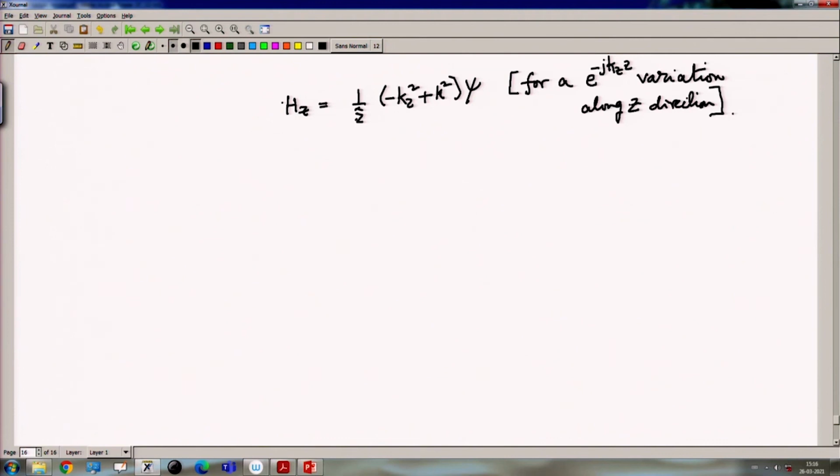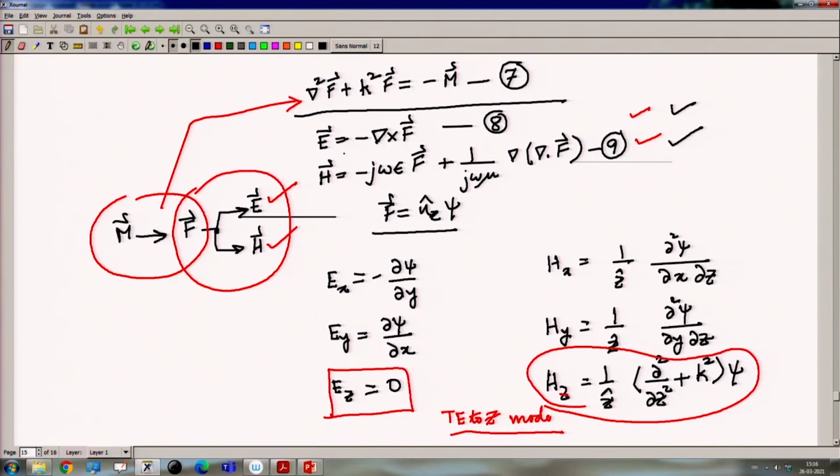And therefore, Hz becomes proportional to psi, and because psi satisfies the source free wave equation, because F z will satisfy the source free wave equation through 7.